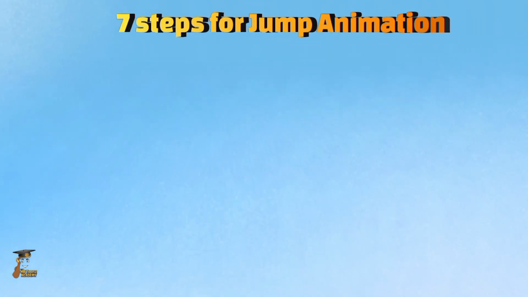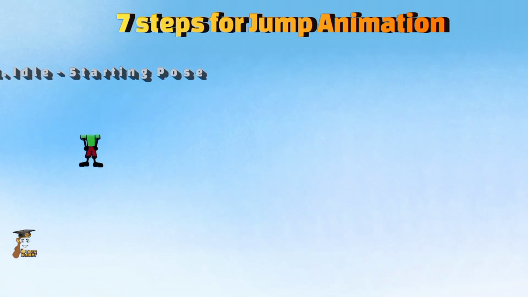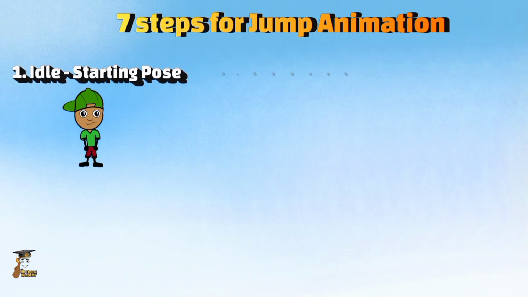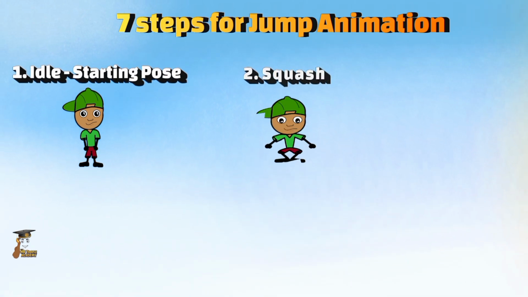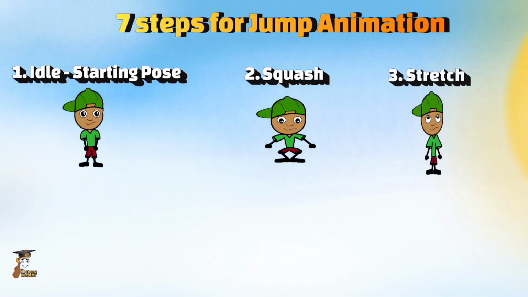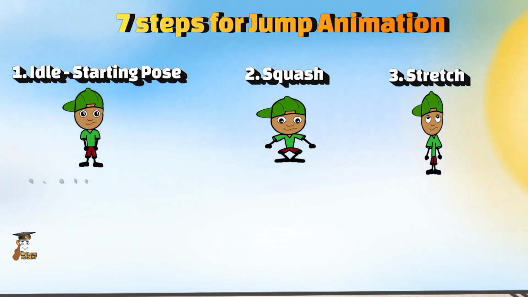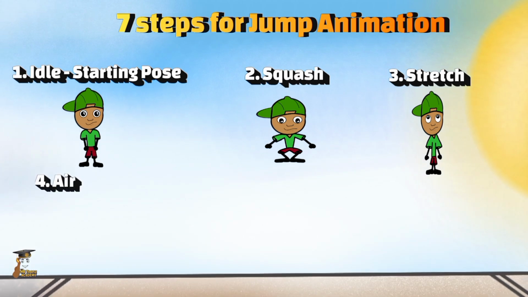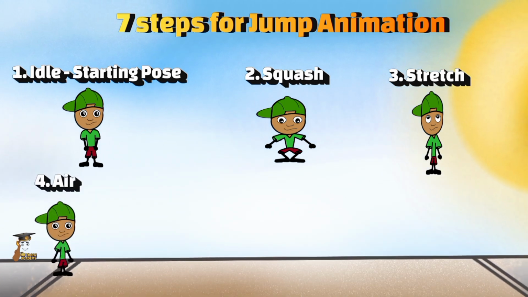Here are the 7 steps to make our jump real. The first one is idle, which is the starting position, and the second one is squash, whereby the character crouches low. The third one is stretch, in which the character pushes up, and the fourth one is air, whereby the character floats at the top.